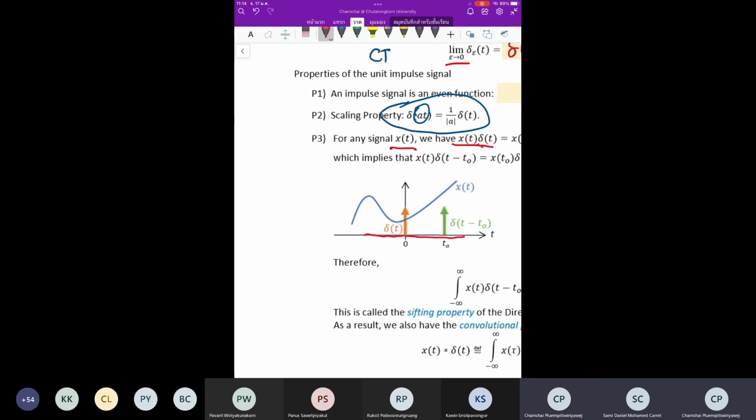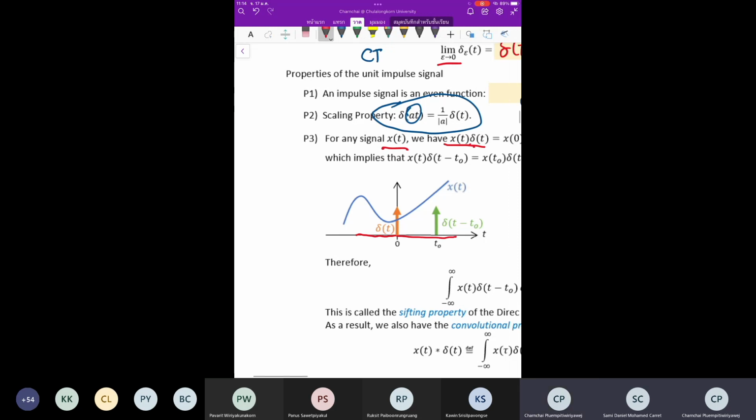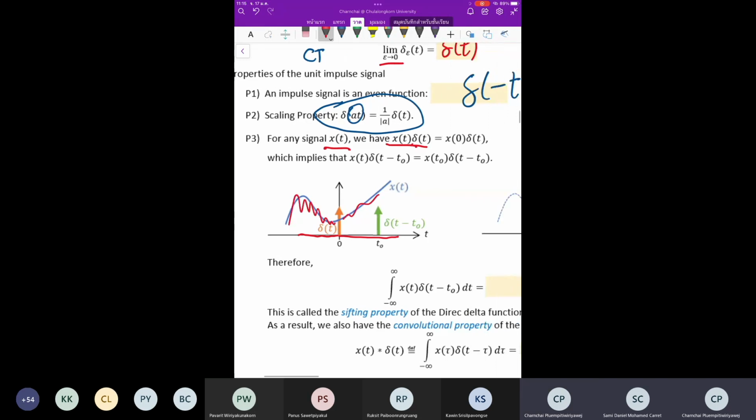When you multiply, everything else is multiplied by 0, except at t equal to 0, where it multiplies by delta t. So if you multiply xt with delta t, what you get is just delta t multiplied with x0.